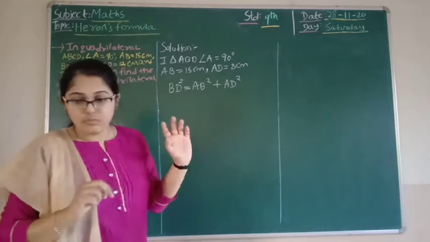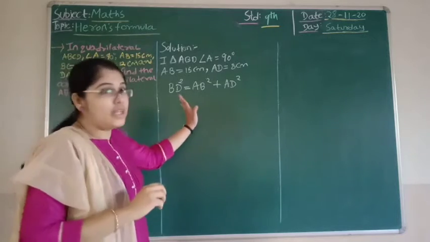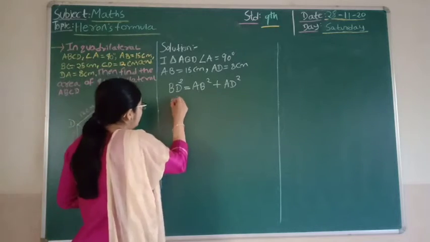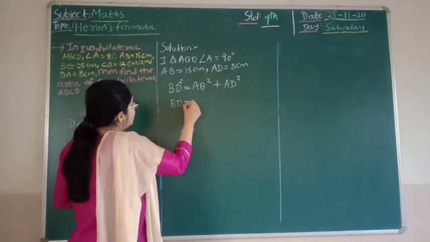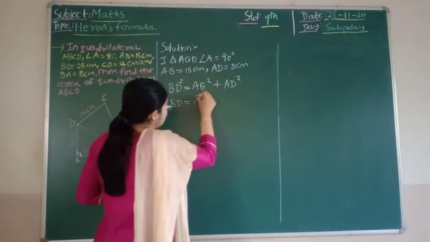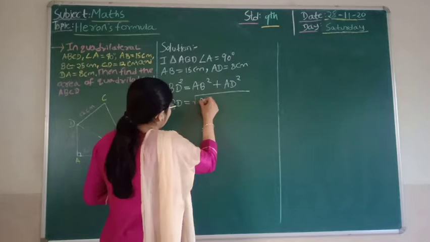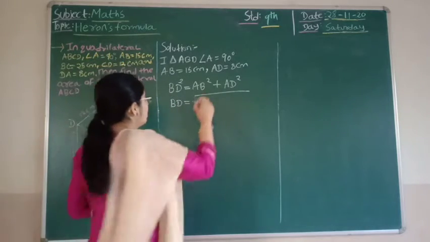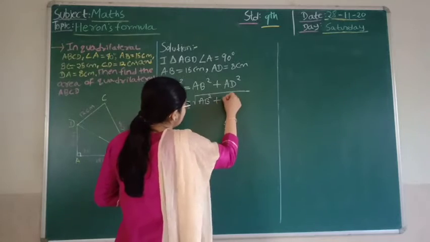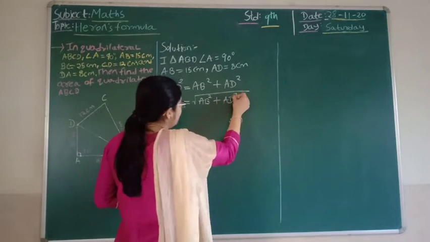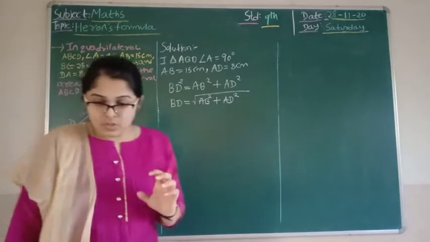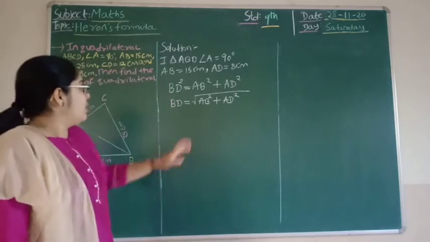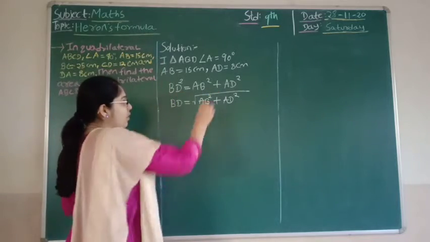Now, I can write this as BD equals under root AB square plus AD square. So this is how, removing the square over here, we put the square root over here.